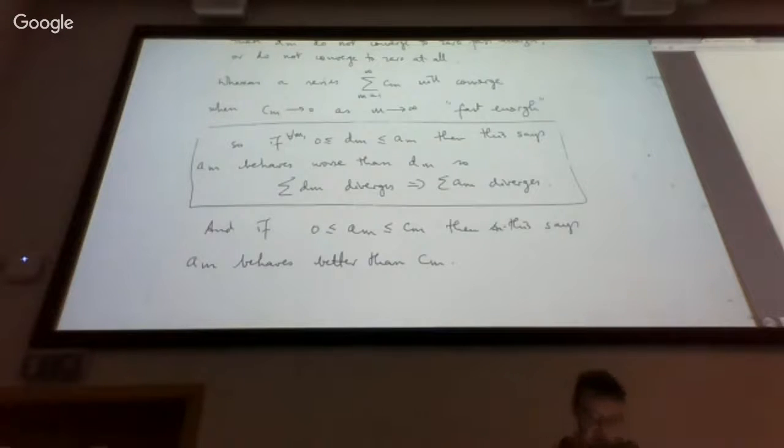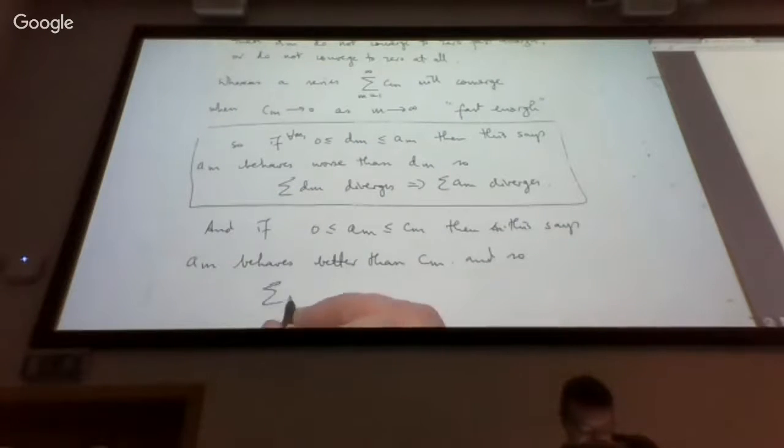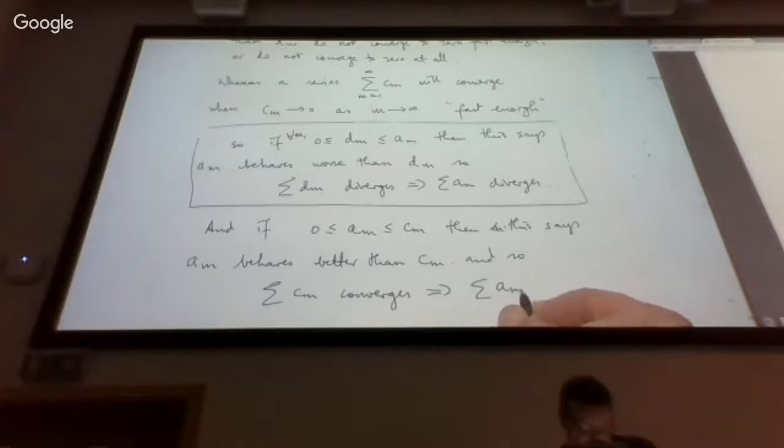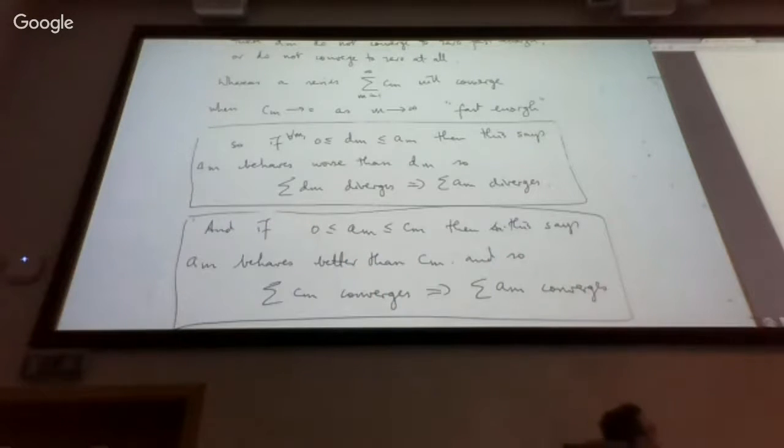So if a_m is less than c_m, this says a_m behaves better than c_m, and so if the sum of c_m converges, this will imply that the sum of a_m converges also. That's the second statement given by the standard comparison test.